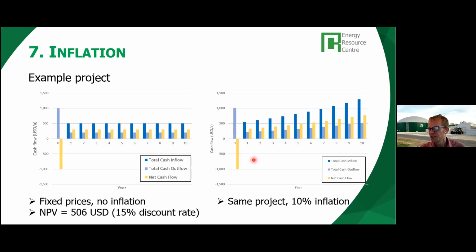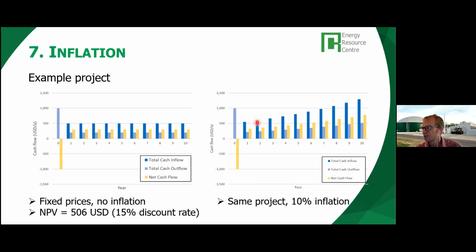Now, what happens if we factor in inflation? For example, 10% inflation per year. You see that on one hand, the prices of the products that we are producing increase on an annual basis. Every year you get a 10% higher price.